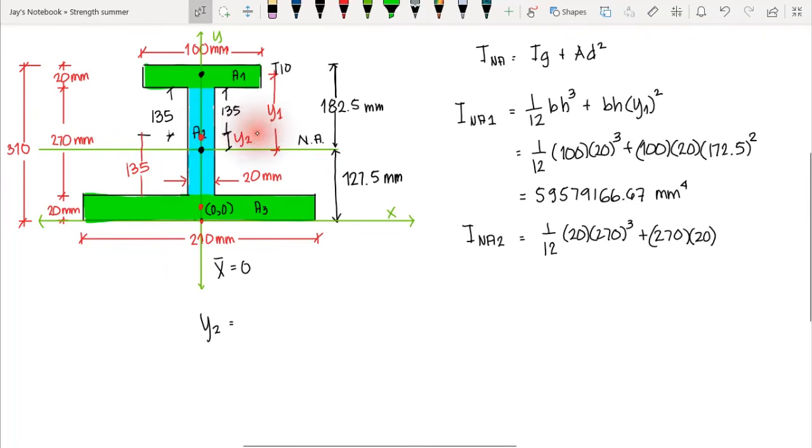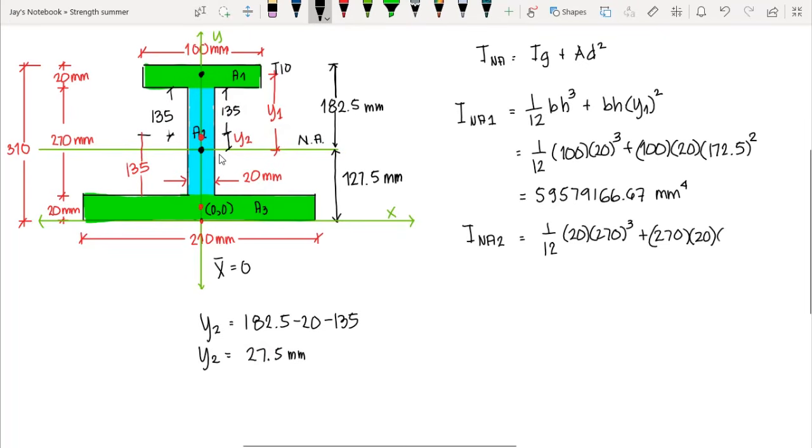In this expression, we have 182.5, that is the distance from the neutral axis to the top surface, minus the thickness 20, okay, minus 135. So our y2 here is equal to 27.5 millimeter. So therefore, this y2 here, the distance from the neutral axis, is equal to 27.5, and this is the distance from the centroid of area 2 to the neutral axis.